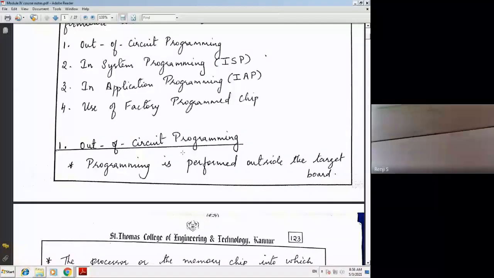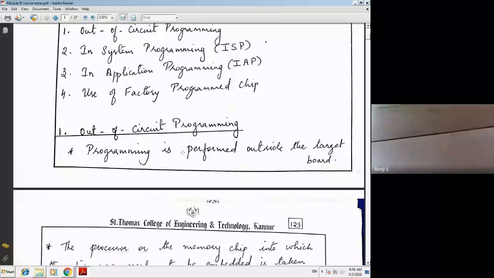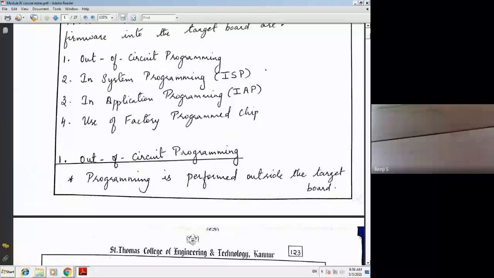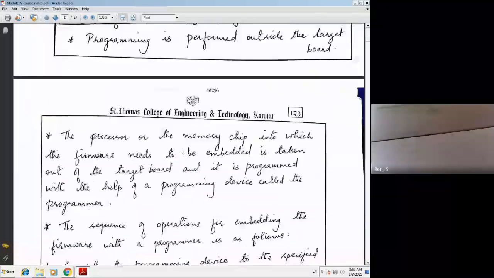So the first technique is out of circuit programming. If we want to embed firmware, usually firmware is embedded into a chip. So if you want to embed firmware into the chip, you take it out of the target board. The target board is the board where we have all the components connected, including the microprocessor or the microcontroller, and we take that chip out of the circuit board and use an intermediate device called the programmer.